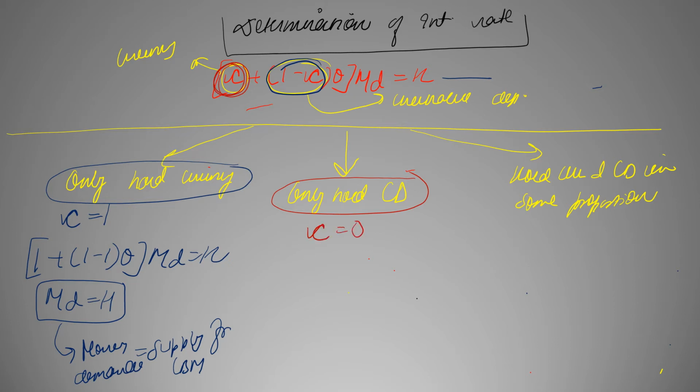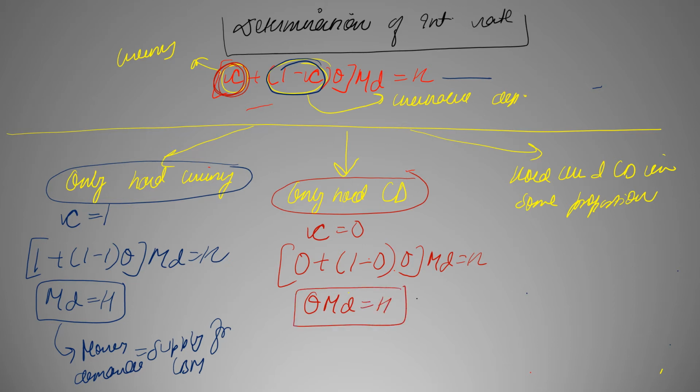Now putting C in that equation again, we get 0 plus (1 minus 0) theta MD is equal to H, which is theta MD is equal to H. Therefore the interest rate in this economy when we only hold checkable deposit lies at the rate at which the reserve ratio times money demanded should be equal to supply for CBM.